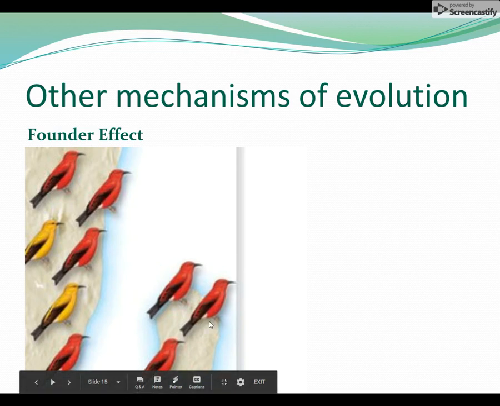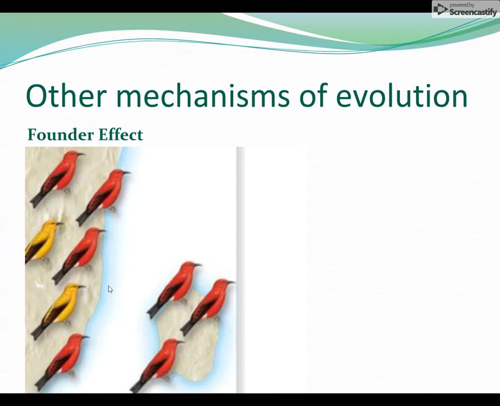And so that new place now has a limited gene pool to draw from because it doesn't have all of the variety that the original population had. So they start to look very similar to the organisms that established that habitat.